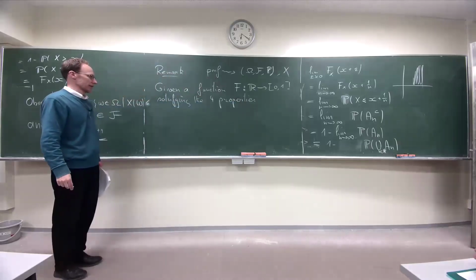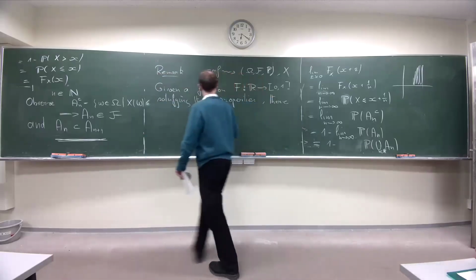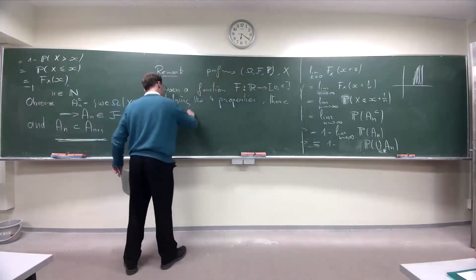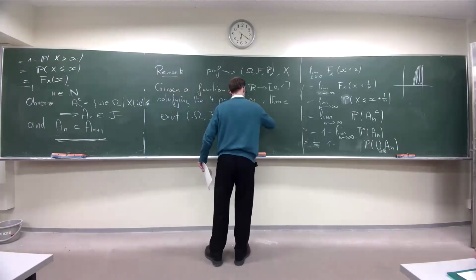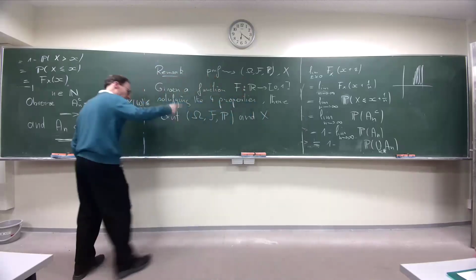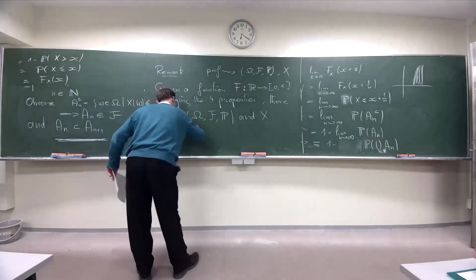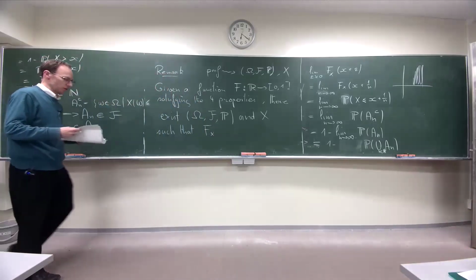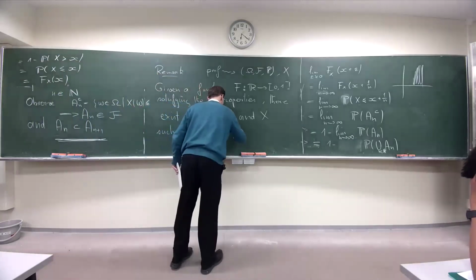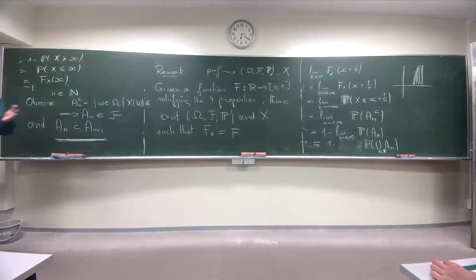If you take a function satisfying these four properties, there exists a probability space and a random variable, meaning a measurable function, such that the cumulative distribution function is equal to your initial F. Usually this construction is not so useful, but it's good to know that you can do it.